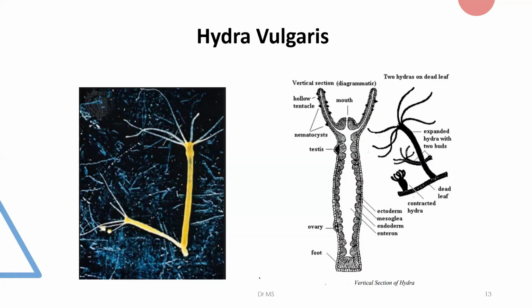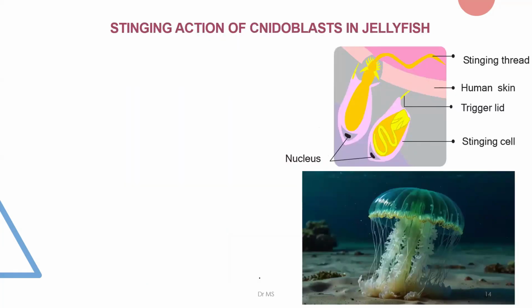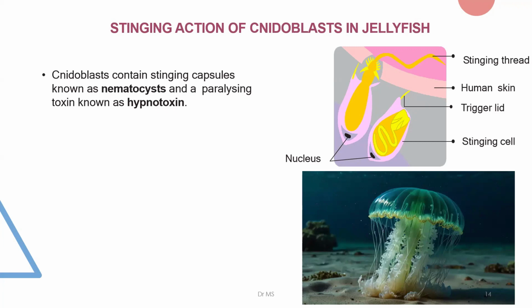Okay, so these are the examples that NCERT has mentioned. So the stinging action of cnidoblasts in the jellyfish. Remember, cnidoblasts contain a stinging capsule known as the nematocyst. And this nematocyst contains a very powerful toxic material, that is hypnotoxin, which will paralyze the organism.